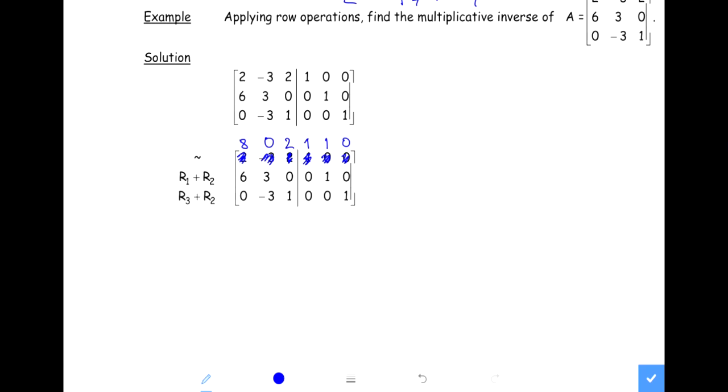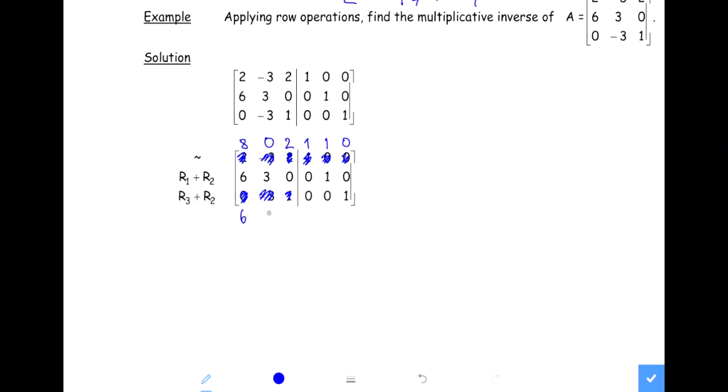So, next one. I do R3 plus R2. I think I need to change this one, because I typed R3 before R2, so this one is wrong. If we sum them up, we get 6, 0, 6.